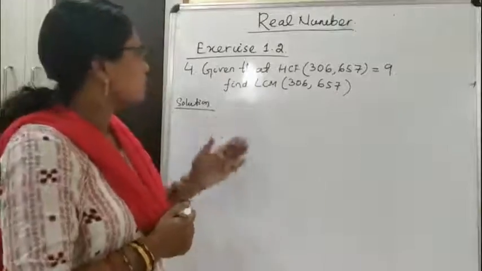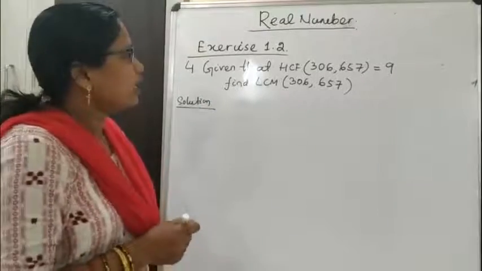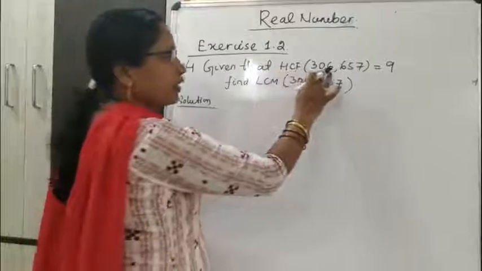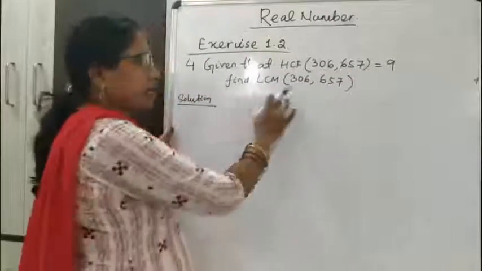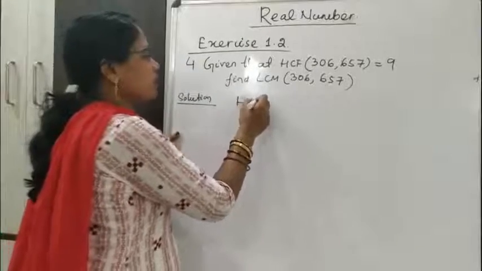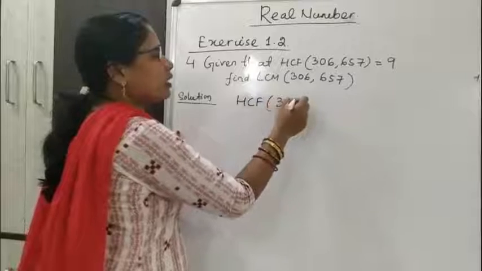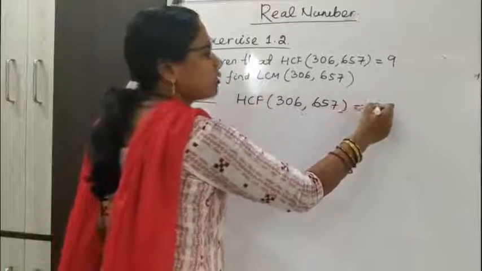So let us go to question number 4. Given that the HCF of 306 and 657 is equal to 9, find the LCM. Here it is given that the HCF of 306 and 657 is equal to 9.